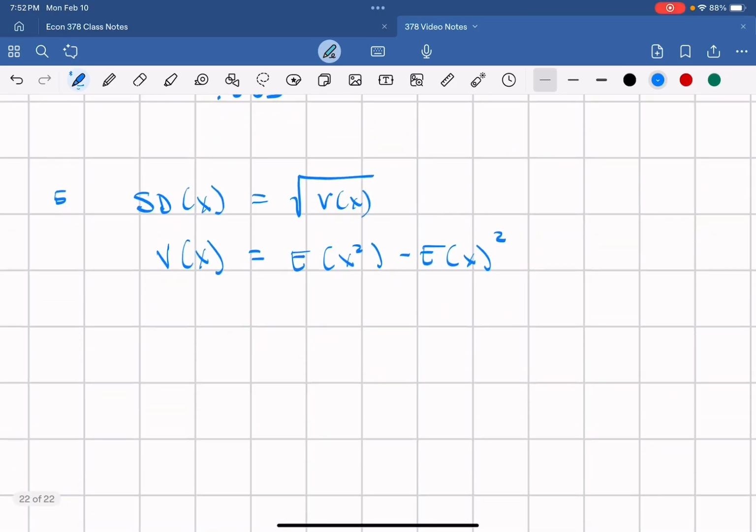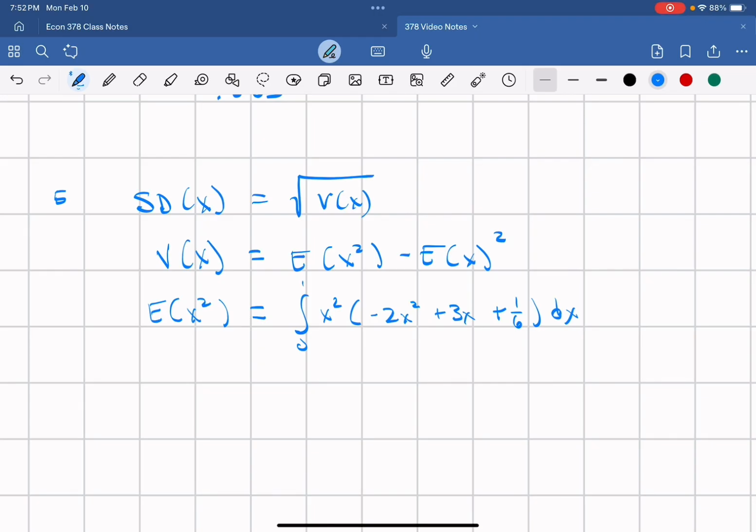So now we need to do the expected value of x squared, which is equal to the integral from 0 to 1 of x squared times the function, which is negative 2x squared plus 3x plus 1/6 dx.